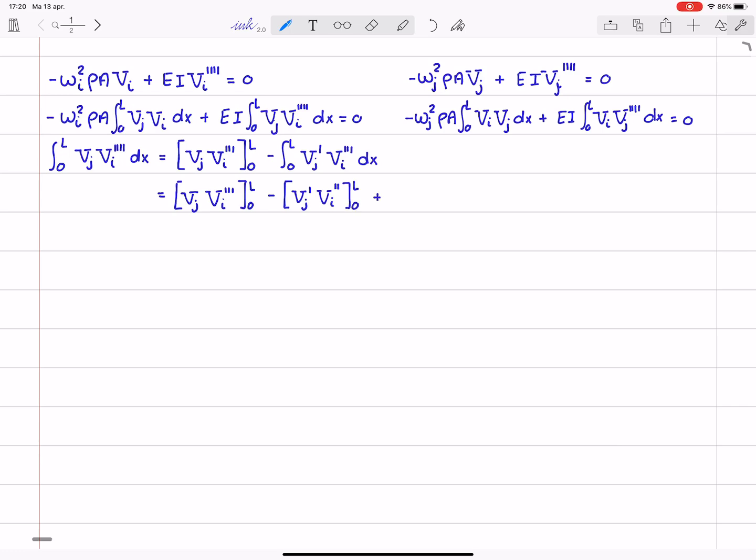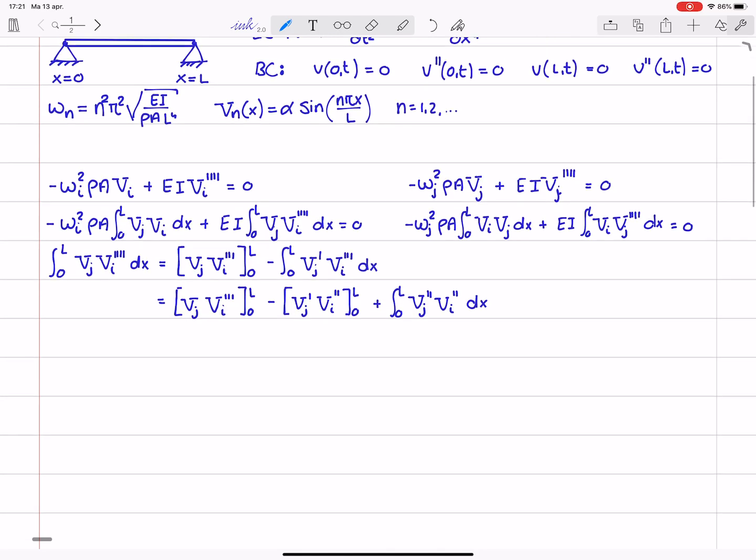Minus times minus becomes plus, and then we get the integral of Vj second derivative, Vi second derivative dx. So if I would do this for the equation on the right, the final integral will be the same, only the terms in between the square brackets will be different. But they must be evaluated at the boundaries.